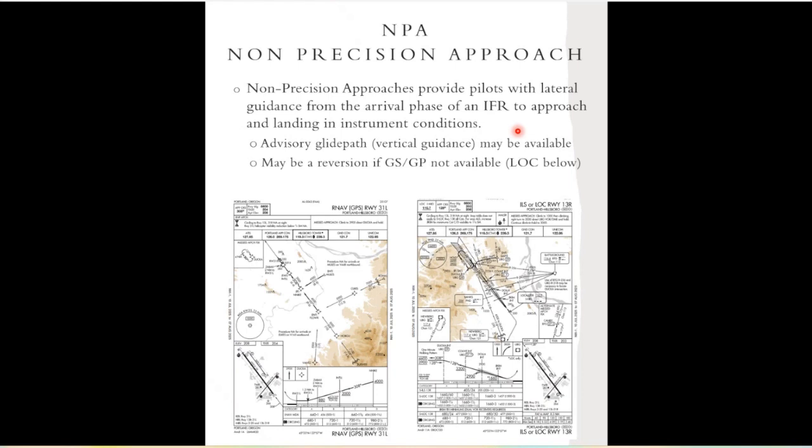So, non-precision approach. RNAV GPS 31 left, that's our local approach here in Hillsborough. We also have ILS or localizer, which we can use for either ILS precision or localizer-only non-precision. Today we will look at the RNAV 31 left approach.